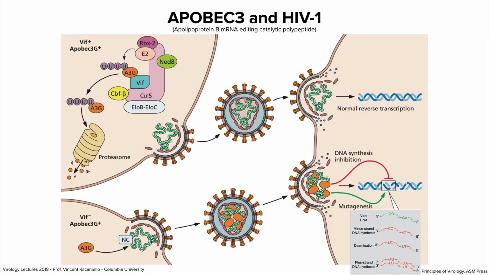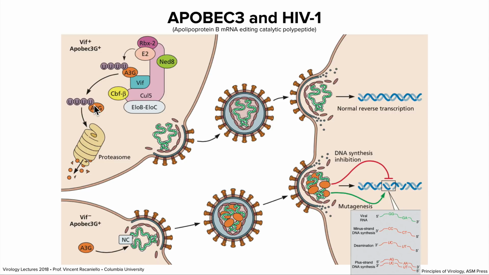Another interesting intrinsic defense is an antiviral protein in the host cell called APOBEC3. APOBEC stands for apolipoprotein B mRNA editing catalytic polypeptide, and this is a protein that we recognize as being antiviral for HIV-1, shown here in orange.